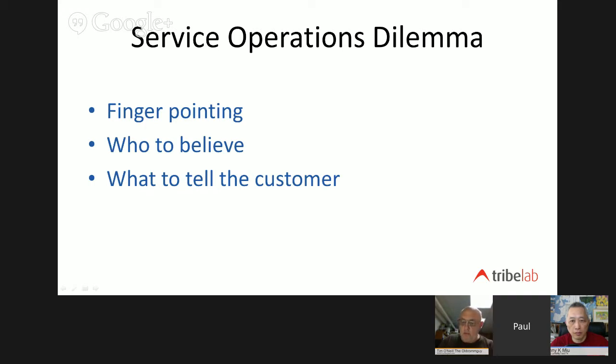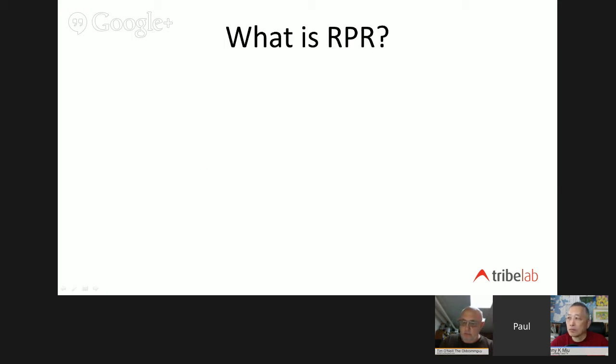So I'm not going to go too heavily into RPR itself because I've gone over this time and time again on previous videos, but one of the key things about RPR is it provides a common approach for the technical teams and for service operations to tackle a problem. And so RPR comprises two parts.